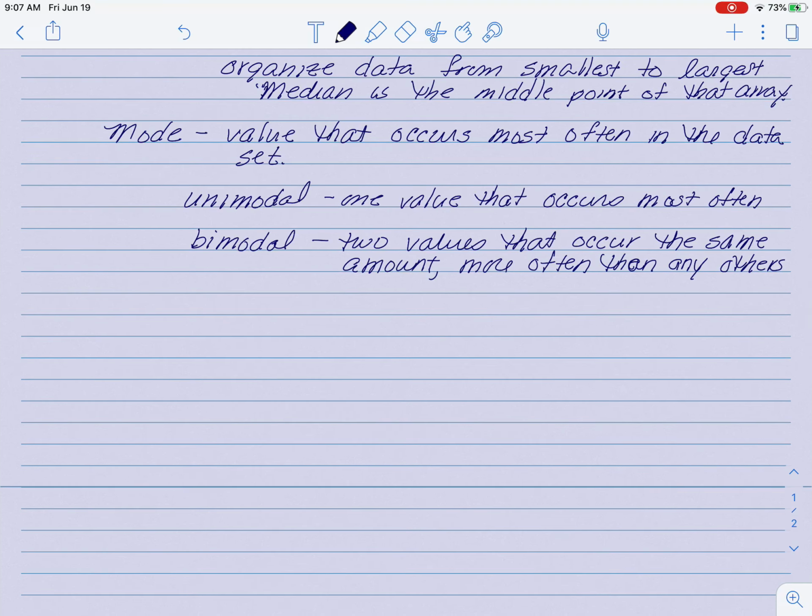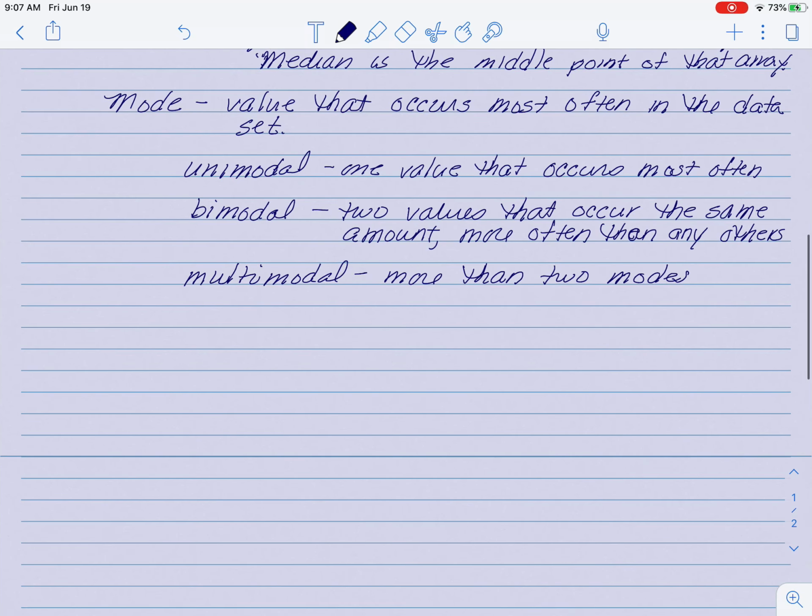You can have a multimodal, so it usually goes unimodal, bimodal, or multimodal. That's more than 2 modes. And then you can have no mode. That means no one value occurs more often than any other value.